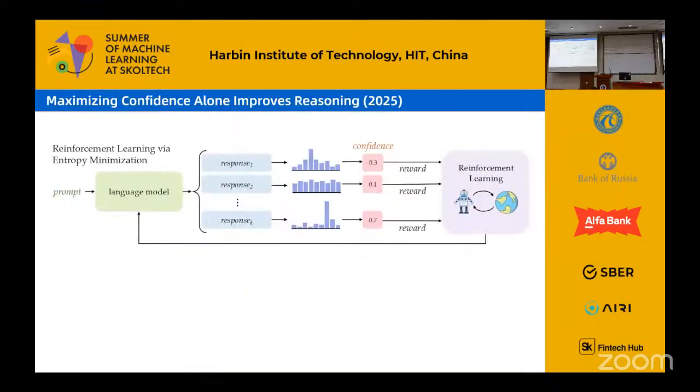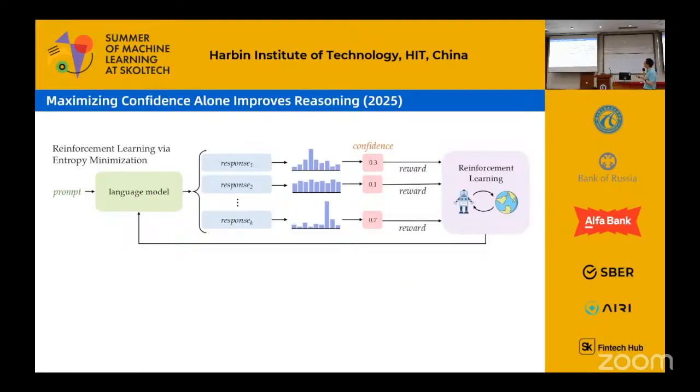Yeah. So here is another paper, because somehow very simple rewards can improve performance, like the accuracy reward or the format reward. This paper proposes that maybe RL can learn from its own self-confidence.